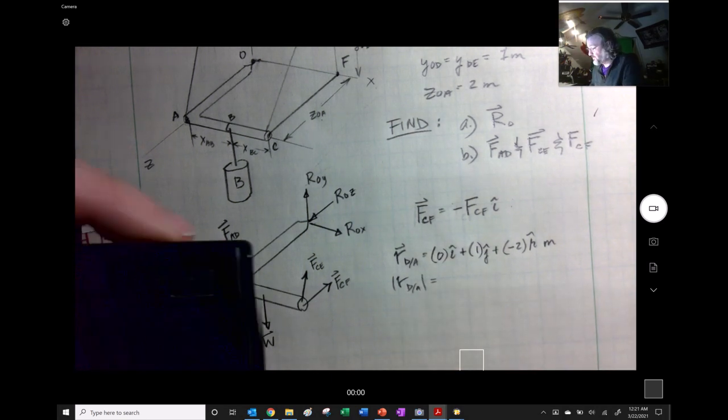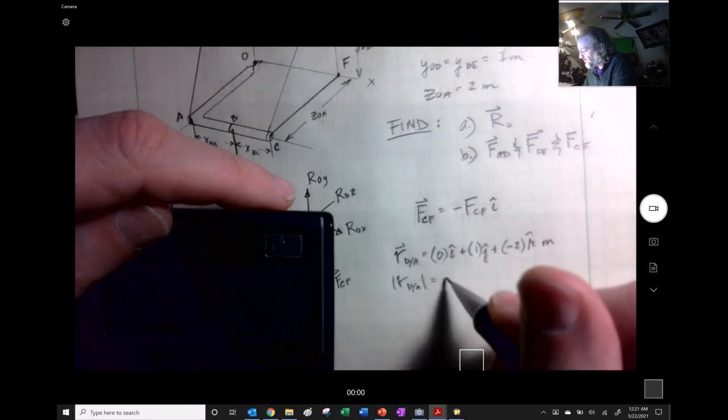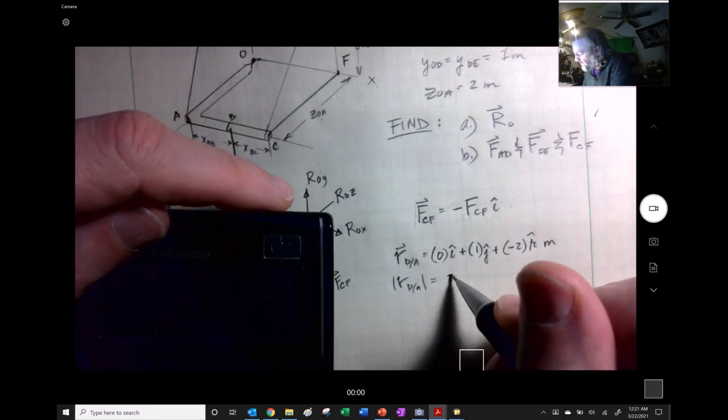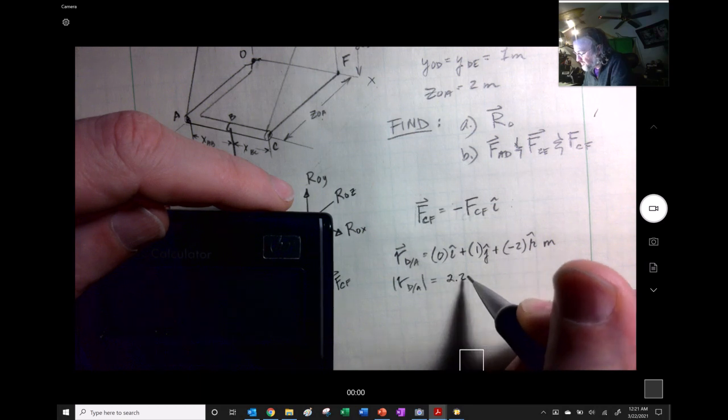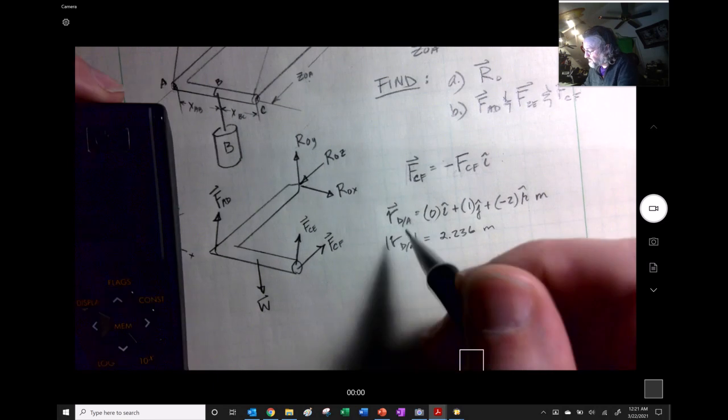All right, so we could do the magnitude of D with respect to A. And that's just going to be the square root of 3, right? No, square root of 5? I can't remember. 1 plus 4, square root. Yeah, there you go. It's going to be 2.236 meters, right?